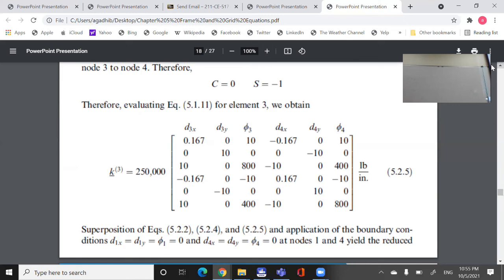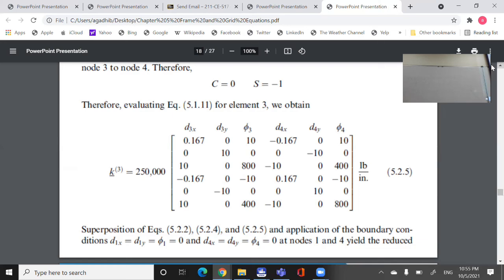Can you order this? What are the forces? Assume this is node 1 and this is node 2. What shall I write here? It will be F1x, which means shear? Is F1x shear? No, because x is always parallel to the axis. F1x will be axial. F1y will be shear.